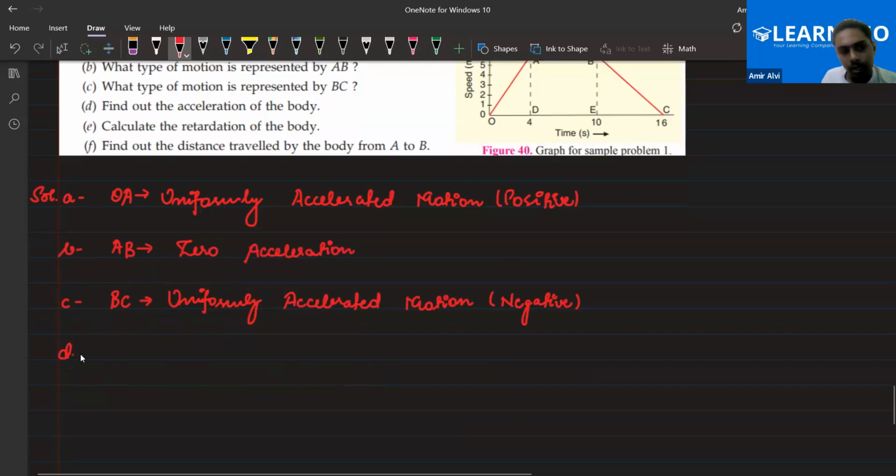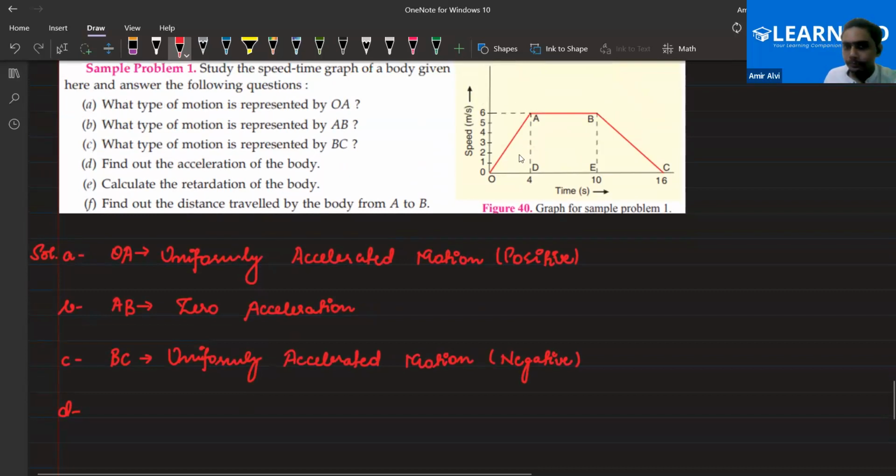So acceleration can be found out, as you can see. The question is saying acceleration. So it means that by default, that would be a positive acceleration, because in the next part, the question is asking retardation. It means that we don't have to calculate that in this part, we just have to calculate the OA.